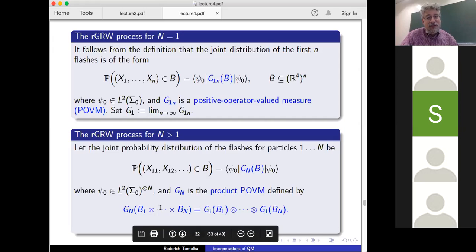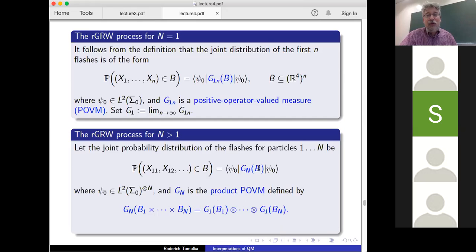Whenever the set you're considering is a product, then also this operator will be a tensor product, but in general, it will not be. And in particular, if the psi is not an entangled wave function, then this probability distribution will not be a product. If a probability distribution is a product, that means things are independent. Probability being a product means independence. But since psi 0 is not a product, the whole expression on the right-hand side is not a product. So the flashes are not independent for different particles. They're correlated.